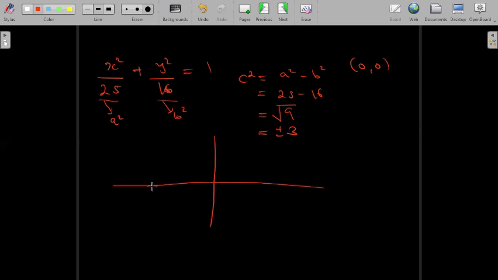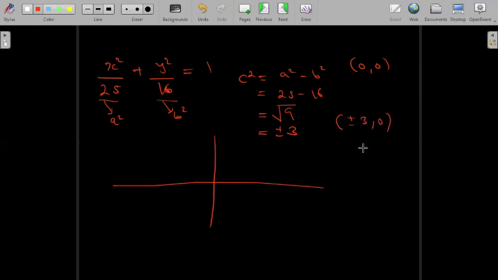So when you draw your ellipse, you can get more accurate points. Let's check our a. This is our c, which we found, meaning our foci will be plus minus 3 comma 0.